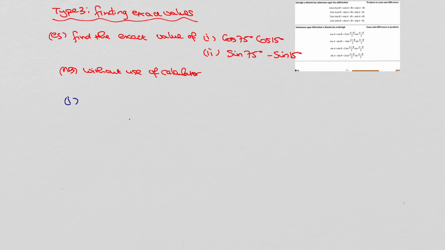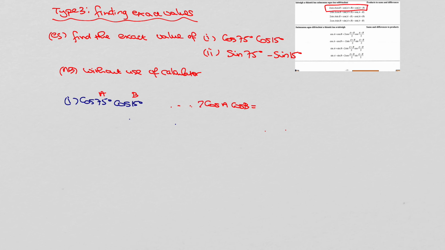So here we have cos 75 degrees, cos 15 degrees. So we're going to write A and B over our angles. So it's going to be cos A, cos B. So again, we have a cos A, cos B in the first one.